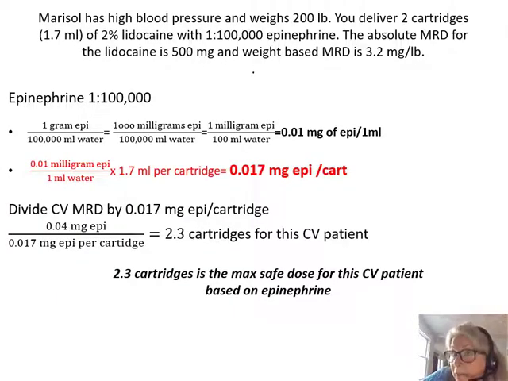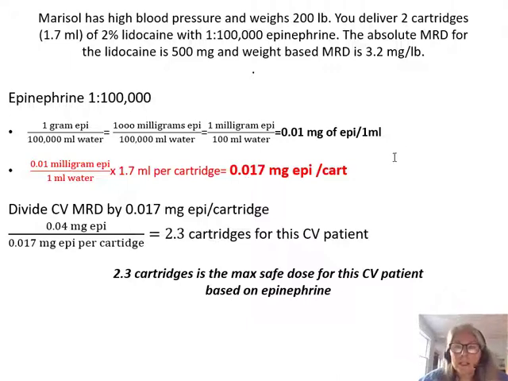But let's look at the epinephrine now. So the epinephrine, 1 to 100,000, 0.01 milligrams of epi in 1 milliliter of water multiplied by 1.7 milliliters per cartridge, right up here, gives us 0.017 milligrams of epi in every cartridge. Now we have to use the cardiovascular MRD of the vasoconstrictor epinephrine here, and that is 0.04 milligrams.